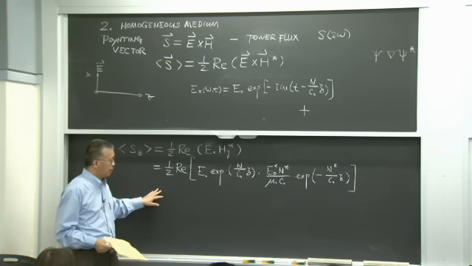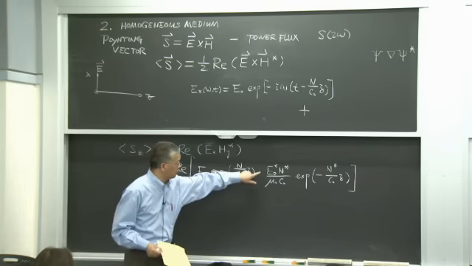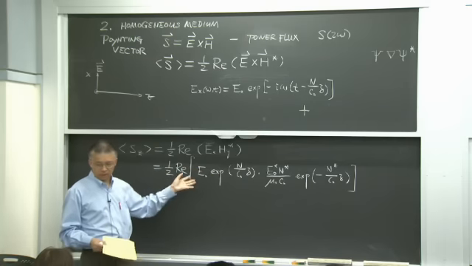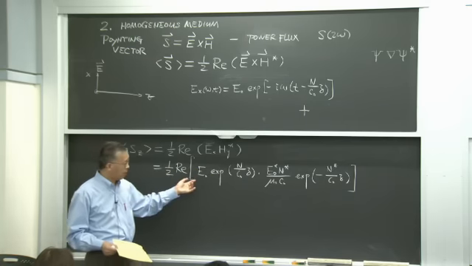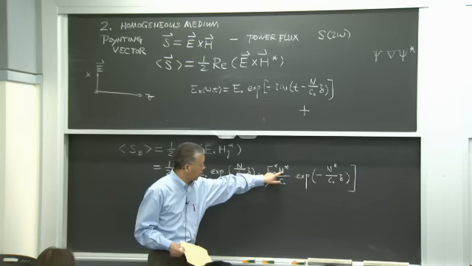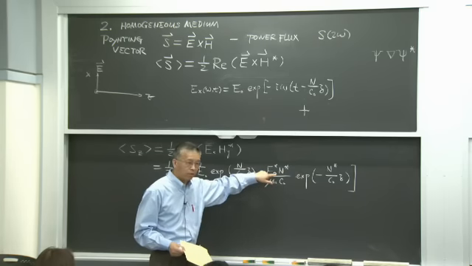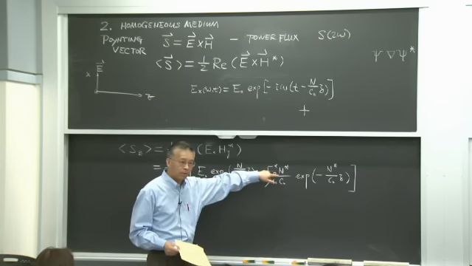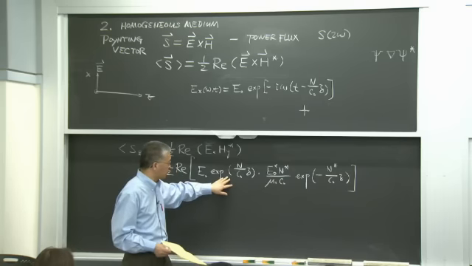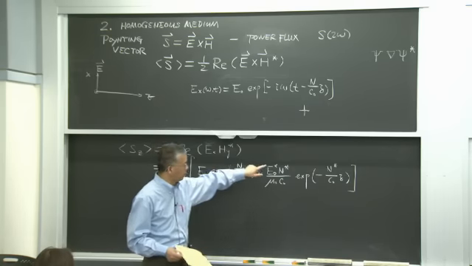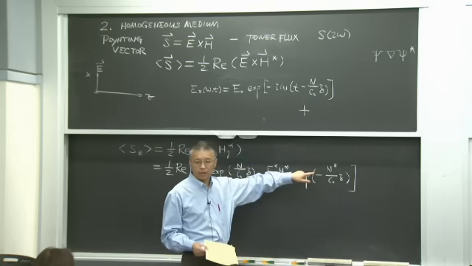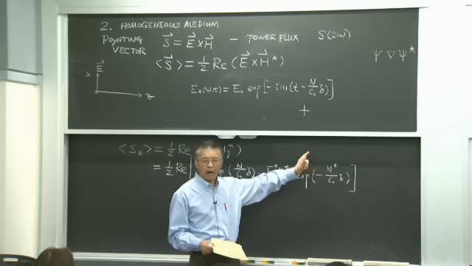So what do you have? The electric field times its complex conjugate, that's just a magnitude, right? This is real. Now here I have to be careful, it's the real part only. The imaginary part drops out. And this exponential is n minus n complex conjugate, right? That gives me 2i kappa.